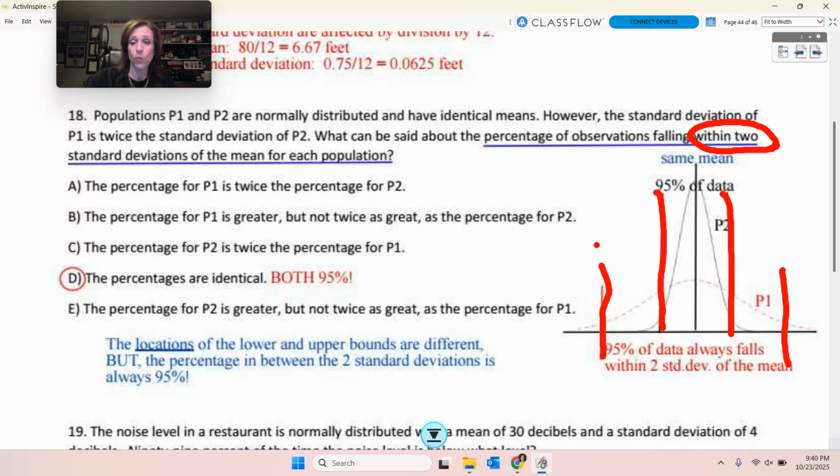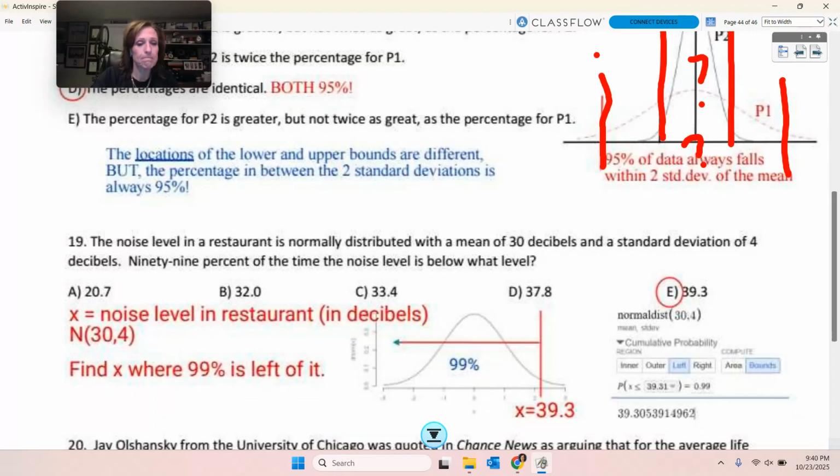It's asking what is the percent of data in between 2 standard deviations. And in both cases, even if the standard deviation is a different size, 2 standard deviations out has 95% of data in the middle. So they are both 95%.